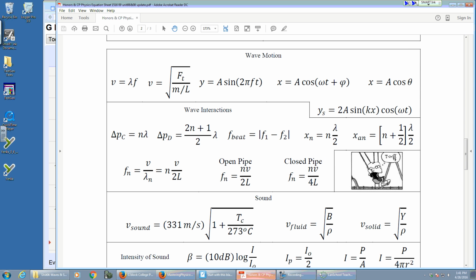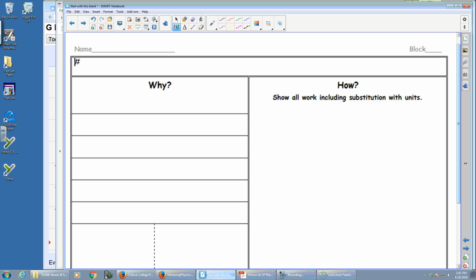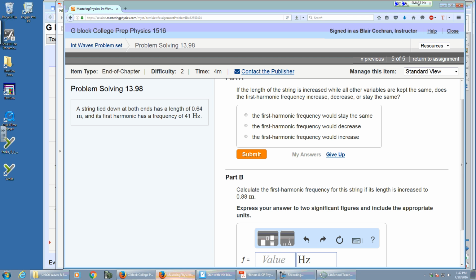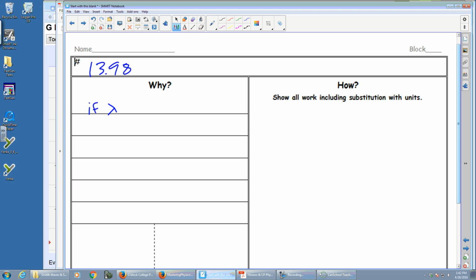So if the wavelength, did it say increase? It says increase, if the length of the string increases. Okay. If that increased, then the frequency would decrease.